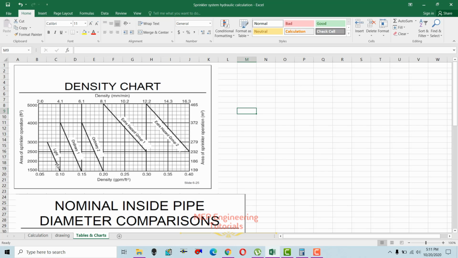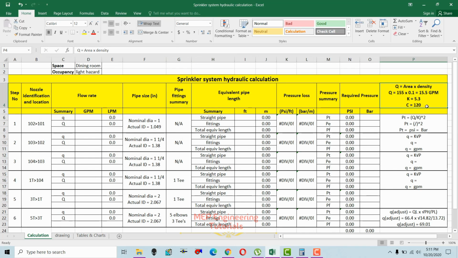At this minimum area, the minimum density is 0.1 GPM per square feet. That's how we selected 0.1 GPM per square feet. We multiply 0.1 GPM per square feet with 155, the area covered by each sprinkler, so the total flow rate across each sprinkler is 15.5 GPM.